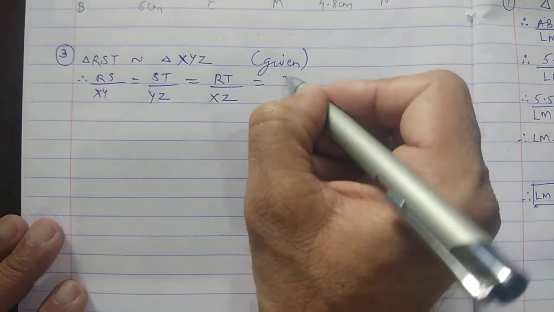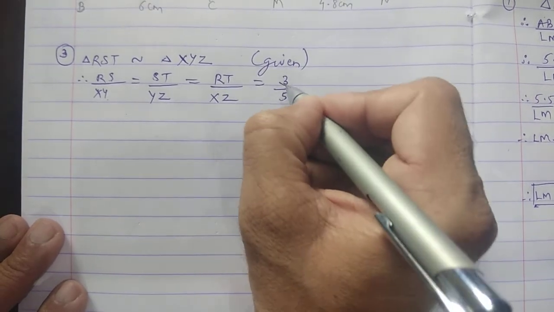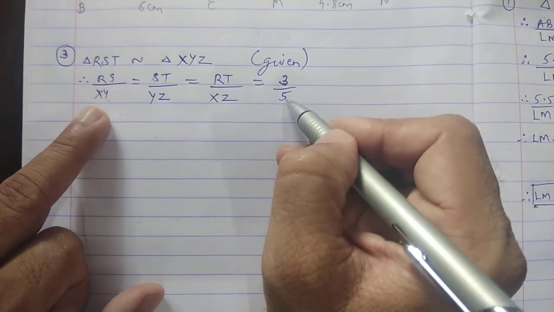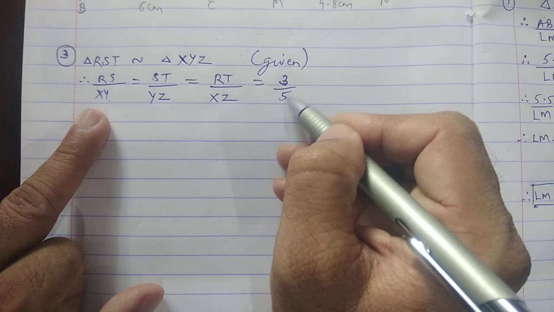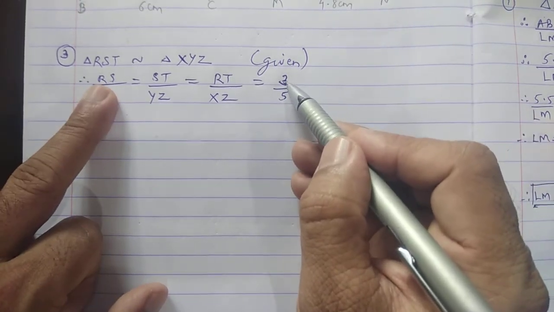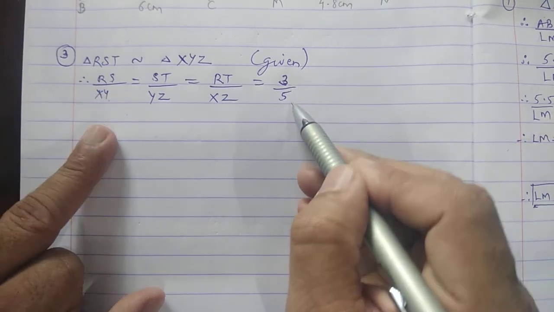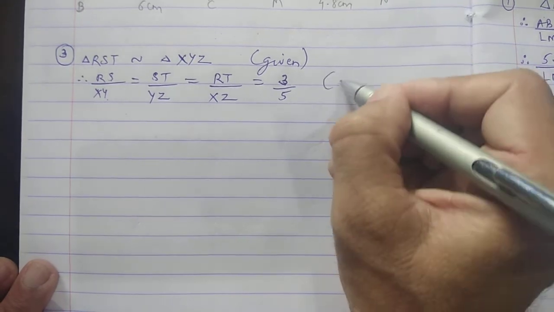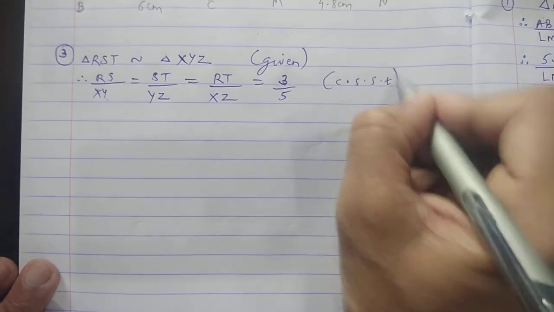So this also will become equal to 3 upon 5. So this ratio tells us that RS is 3 part, XY is 5 part. So this ratio will help us to understand that triangle RST, which contains 3 parts, is a smaller triangle, and triangle XYZ, which contains 5 parts, is a bigger triangle. Okay, so write the reason as CSST.